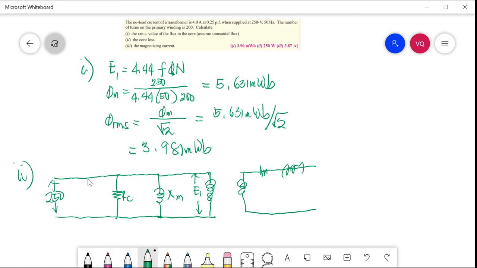Since wala na yung R1, X1, this will be your no load current, IC and IXM. Paano natin isosolve yung IC?